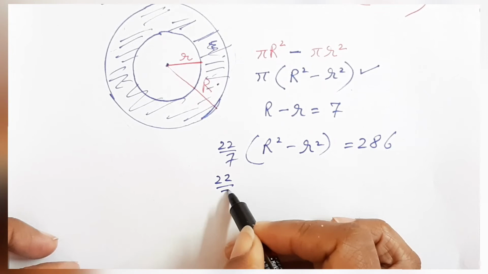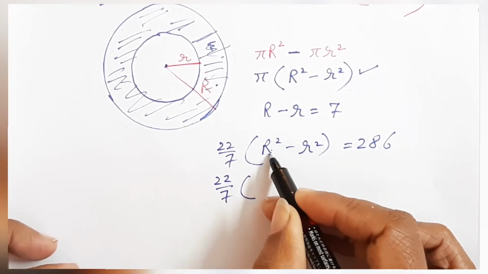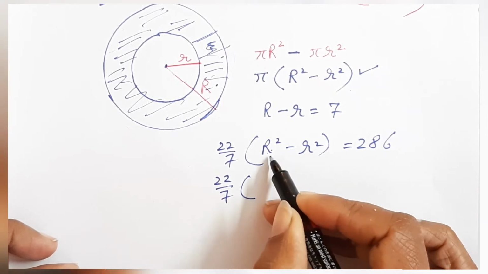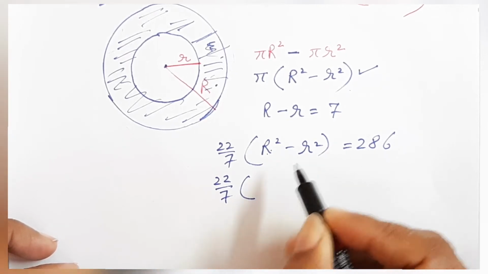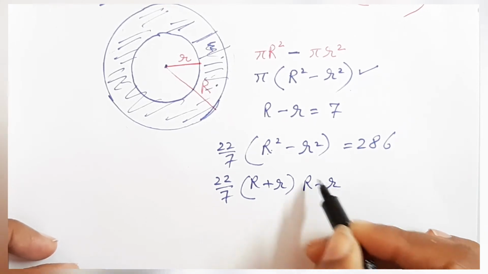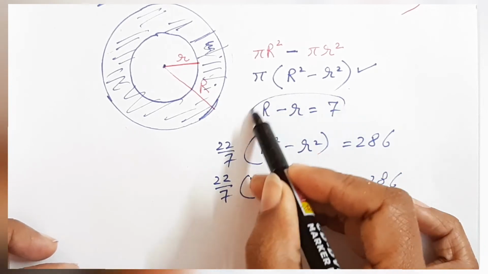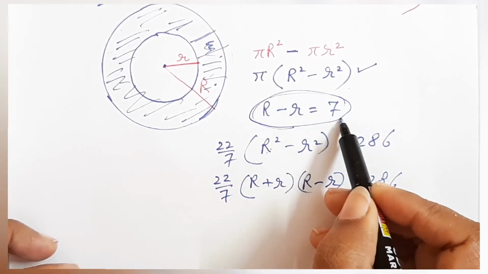Now, capital R square minus small r square is a square minus b square. What is a square minus b square? That is a plus b and a minus b.